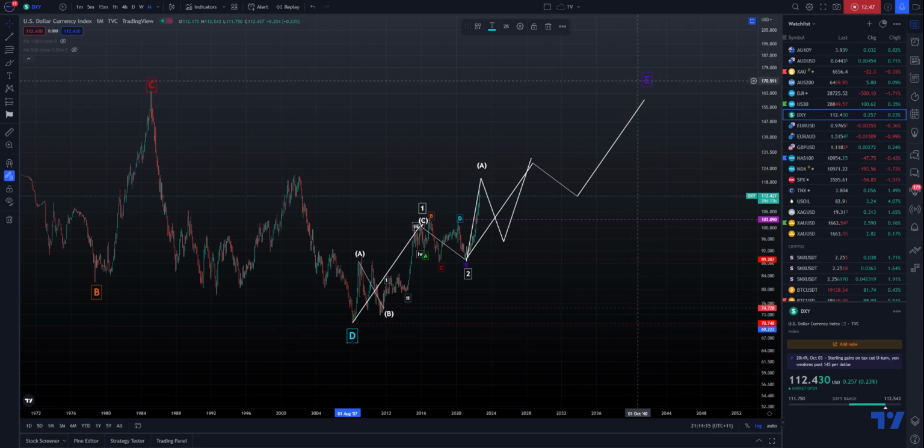But then once we hit the end of that wave E, I do believe that we will see extremely large moves in the stock market in terms of bullishness, and cryptos. So I find this to be particularly interesting at this point in time, given that we are in what appears to be a recession and cryptos have taken a pretty big hit.